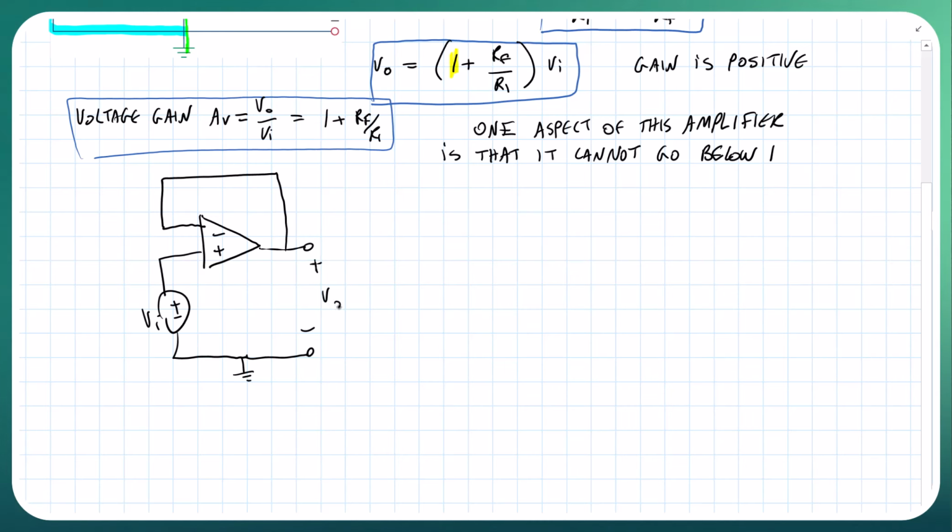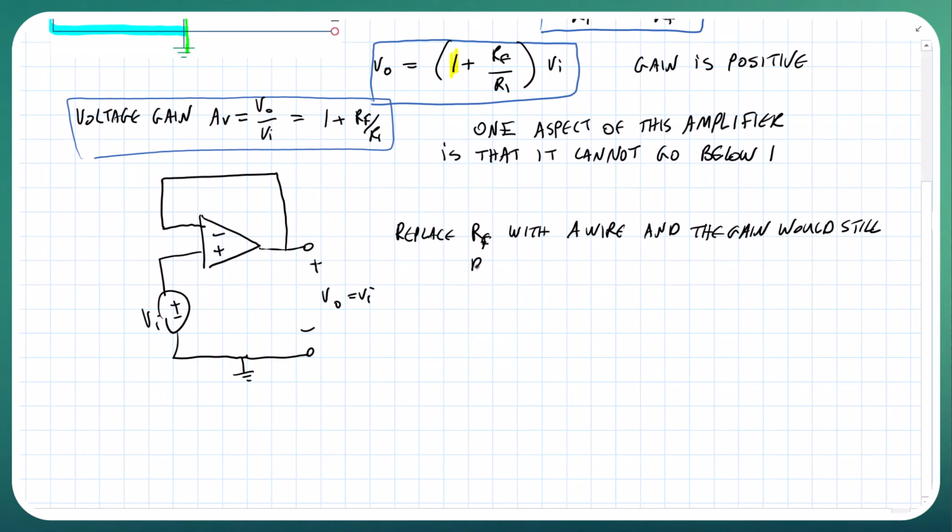Plus minus, our V output equals our V input here. And our gain would still be 1. So replace RF with a wire, and the gain would still be 1.